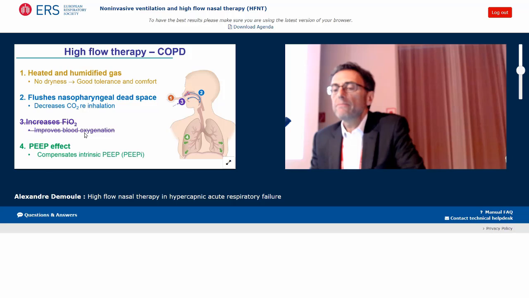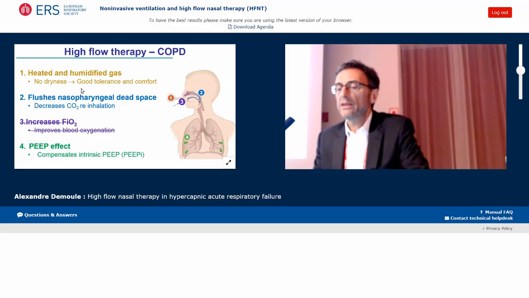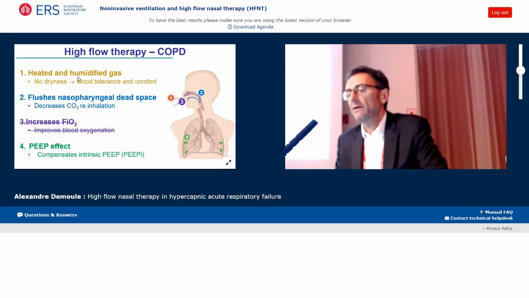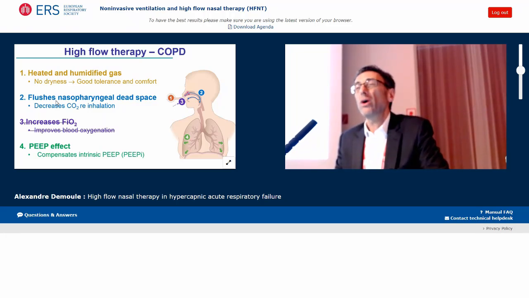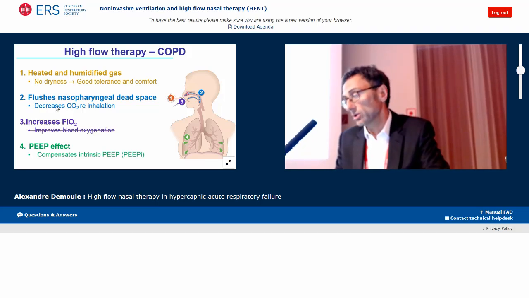What interests us here is the fact that gas is heated and humidified, because there is no dryness, and it's going to improve tolerance and comfort. And what really interests us is that this high flow is going to flush the nasopharyngeal dead space, and this will decrease CO2 reinhalation.